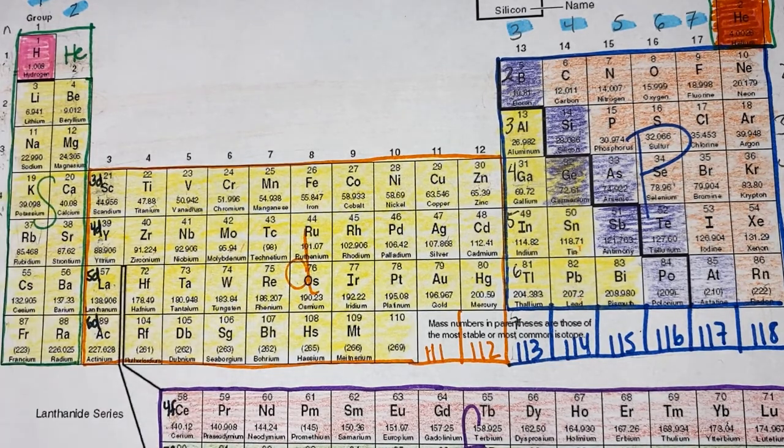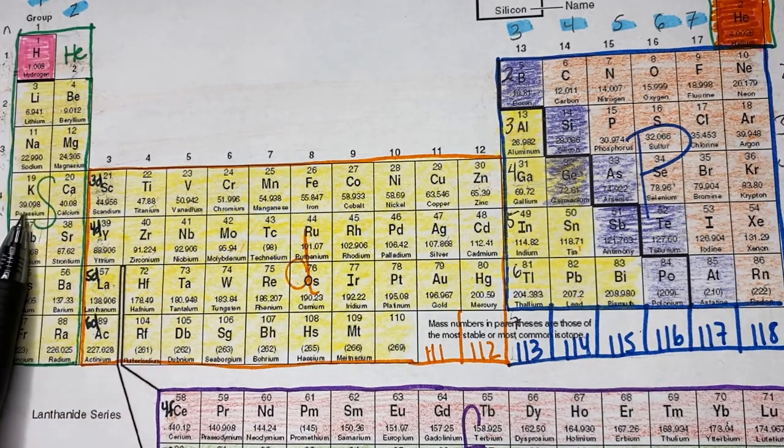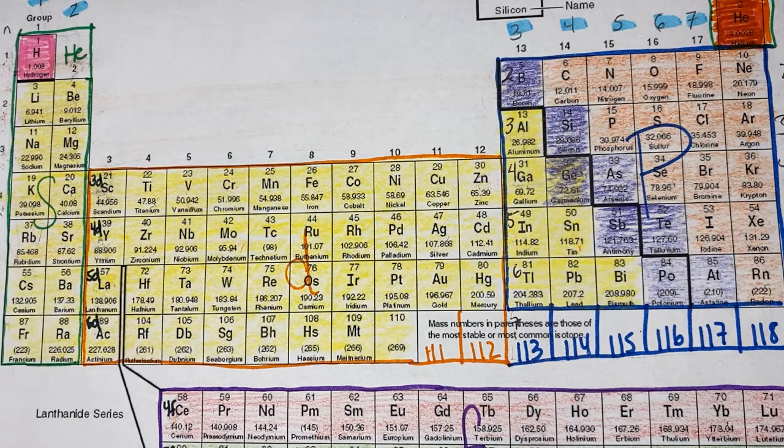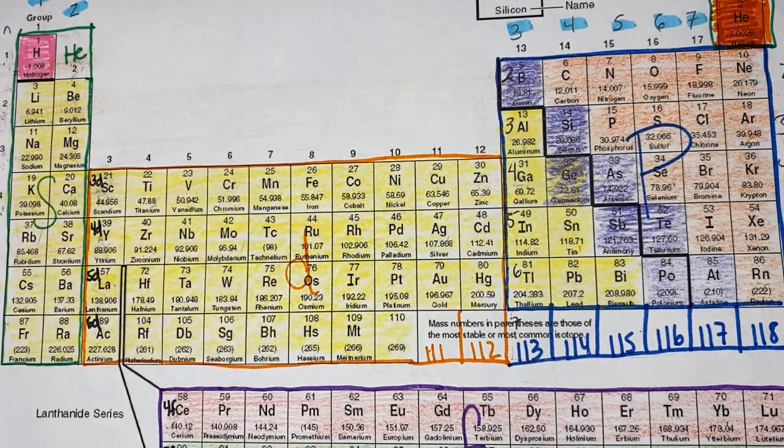Lithium, highest energy level is 2. It's a 2s1. This is a 3s1. This is a 4s1. This is a 5s1. This is a 6s1. This is a 7s1. Everything in this column has 1 valence electron.